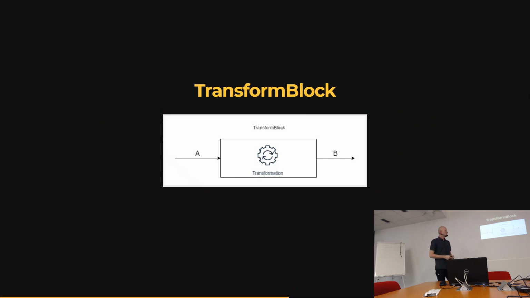The transform block we already saw. It's a block that will take a value of type A. It will somehow transform it to type B. In a sense, this transform block corresponds to LINQ select or map in F#, depending on the vocabulary you are using. So there's nothing really that strange in this block.